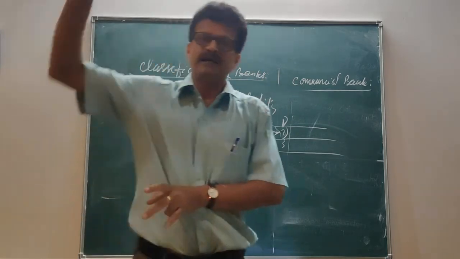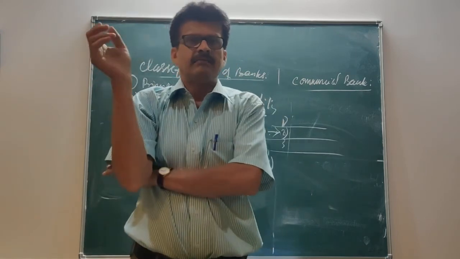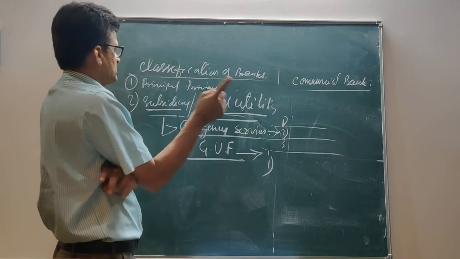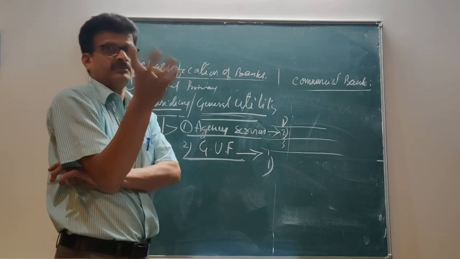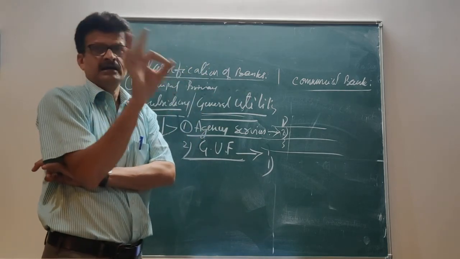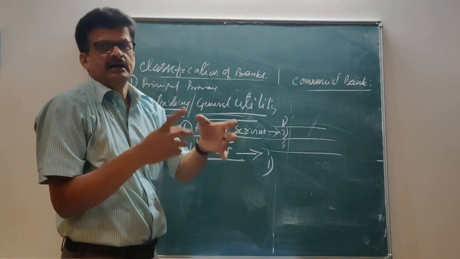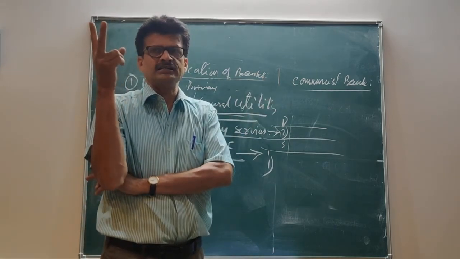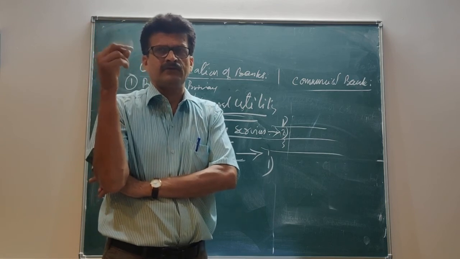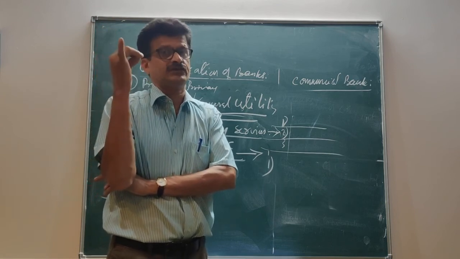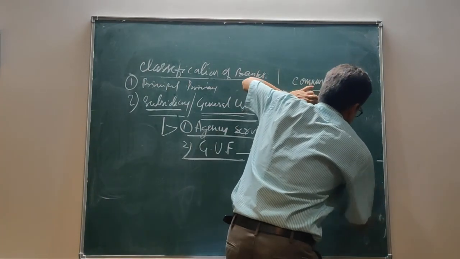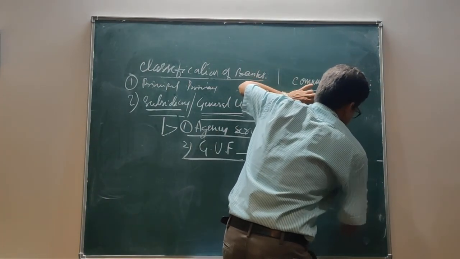It could have been explained immensely in length. But whatever I have explained about the commercial bank, classification of banks, the meaning and functions of the commercial bank, we have discussed. Mainly the functions are divided into two categories. One is primary, principal, fundamental or basic functions, consisting of four: acceptance of deposits, lending of funds, investment and the creation of money.